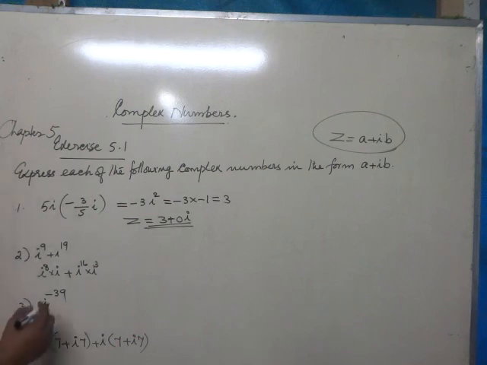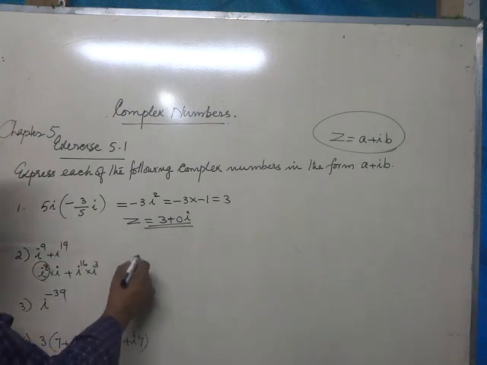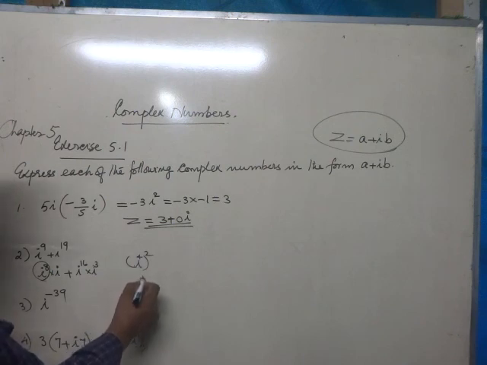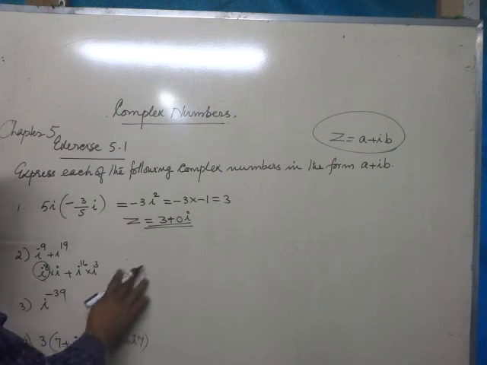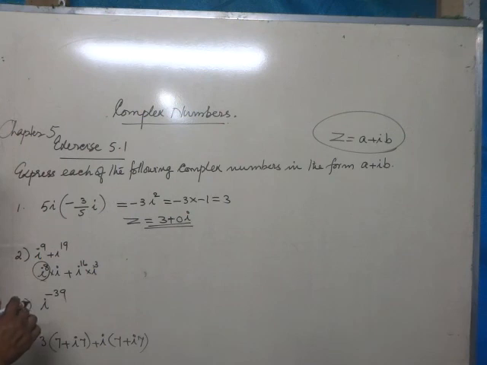Now i raised to 8 is i raised to 4 whole square. i raised to 4 is 1. Therefore, i raised to 8 has become 1.